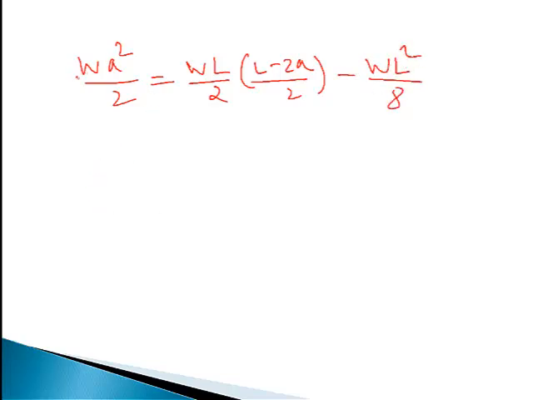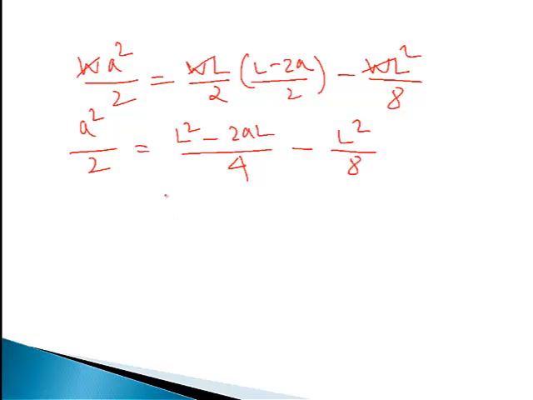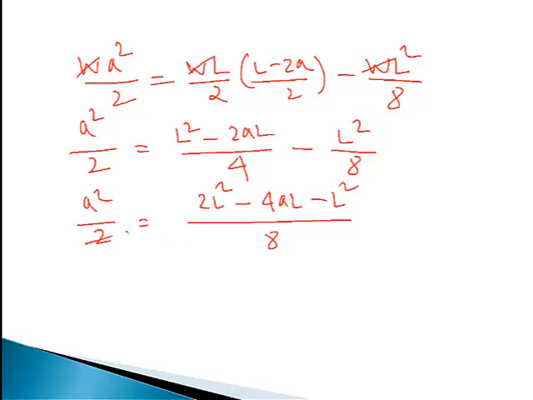So if you see, all the W get cancelled. A square by 2, here you will get (L square minus 2AL) by 4 minus L square by 8. So if you do it, take the LCM: 2L square minus 4AL minus L square. Okay, this you can cancel, 4 again cross multiply.